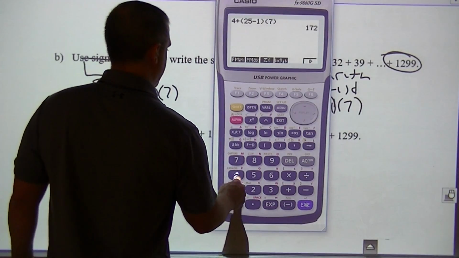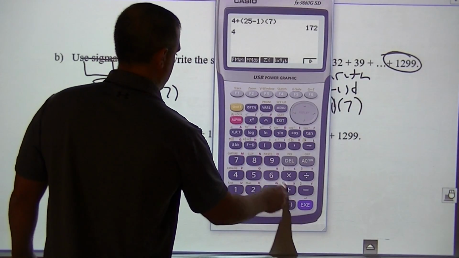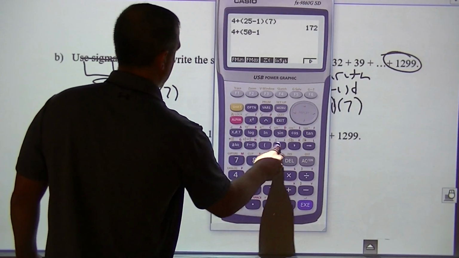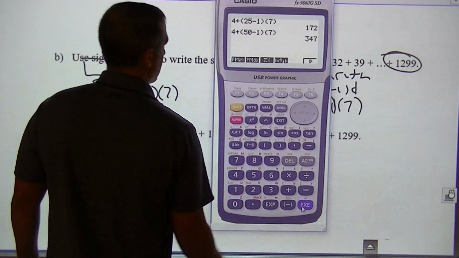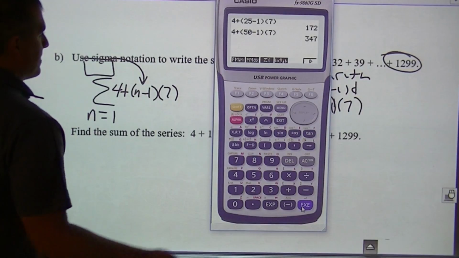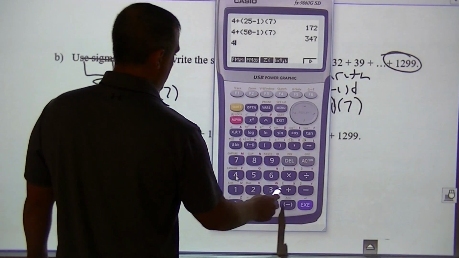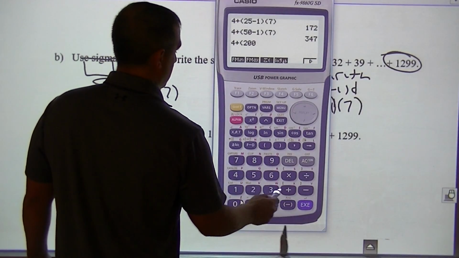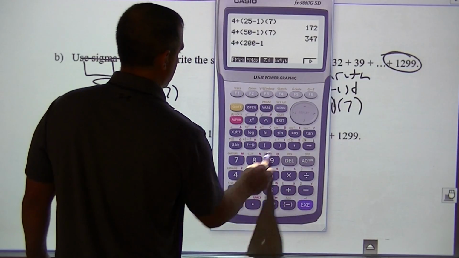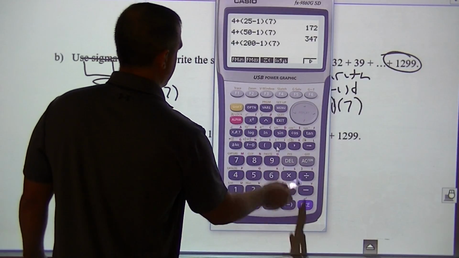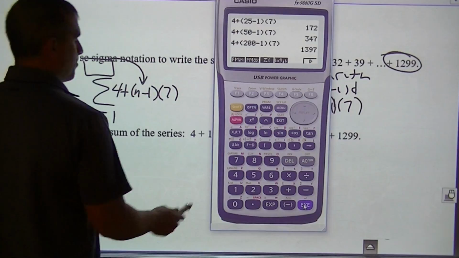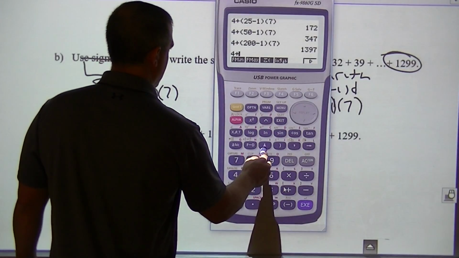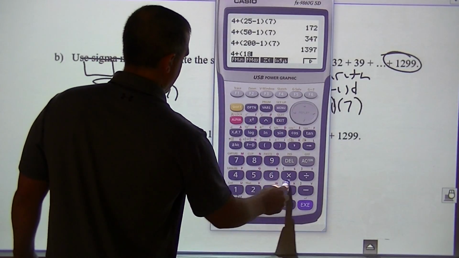So I'm going to try like 50 now. Still way too small. Maybe 100, maybe 200. That's probably going to be way too big. Yep, just too big. Let's go 180.